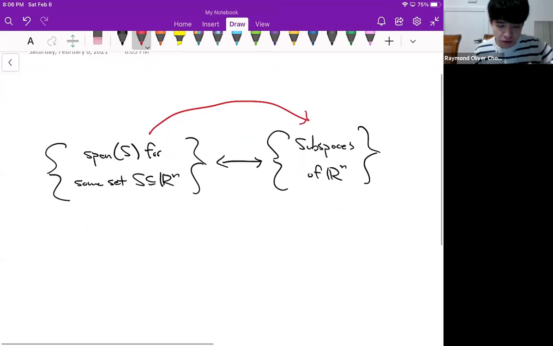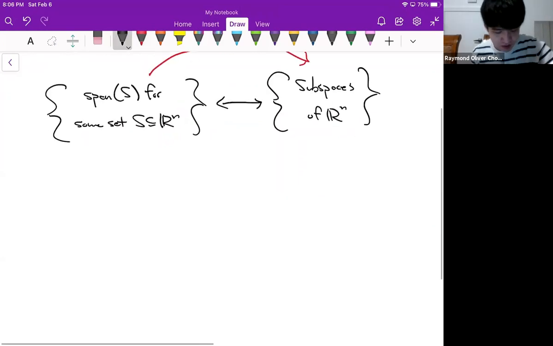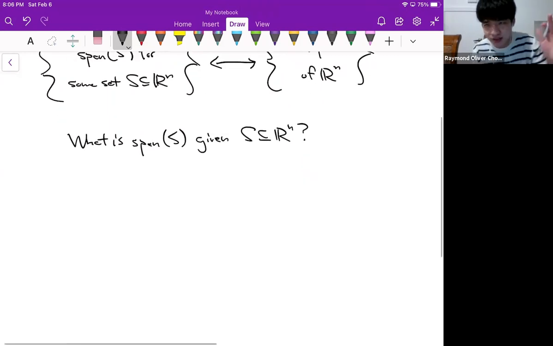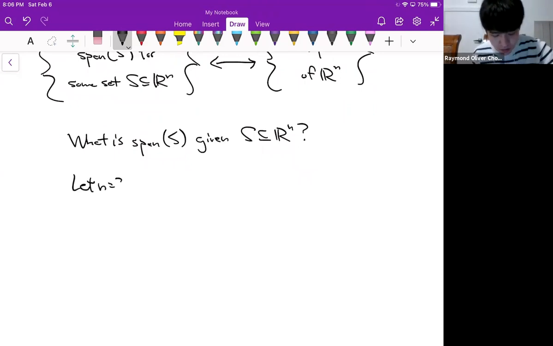Okay, so first, the question everybody's been asking me: what is span S given S a subset of the real numbers? Well, what does that even mean, right? So let's do an example because that's confusing. So let n equal 3. So we study R3.